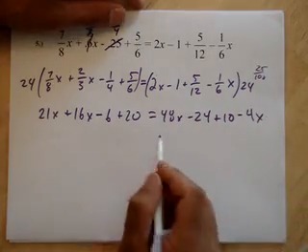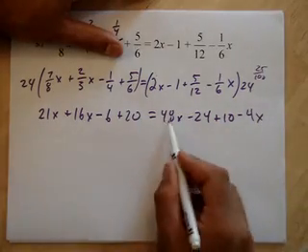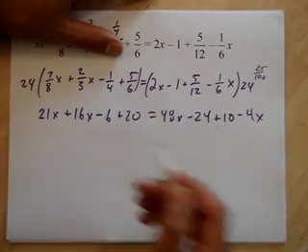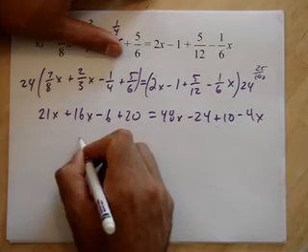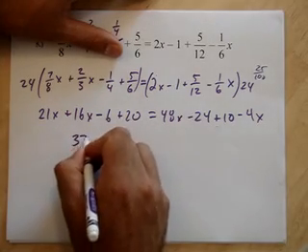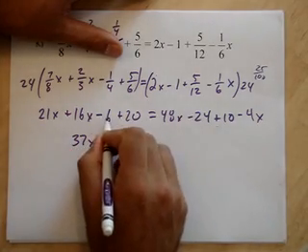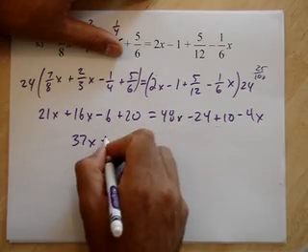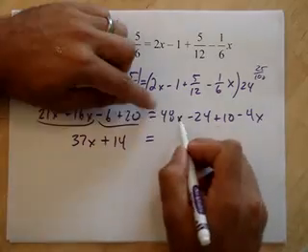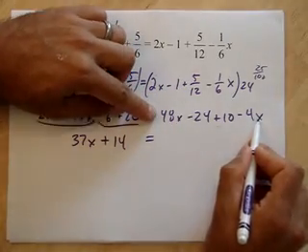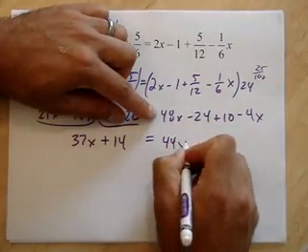Now look how nice this is. We're going to combine like terms on this side, and then combine like terms on this side, and see what we end up with. 21x and 16x together will make 37x. Minus 6 and plus 20, oops, sorry, would be plus 14. That's nice. So I combine these guys and I combine these guys. Over here, I have a 48x and a negative 4x will give me a 44x.